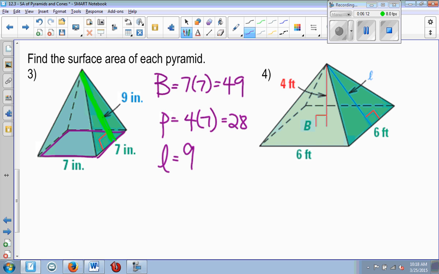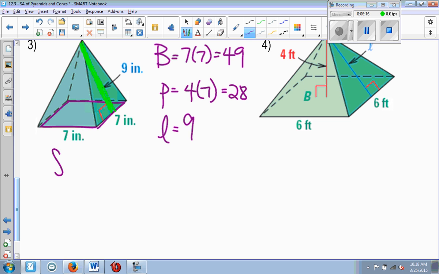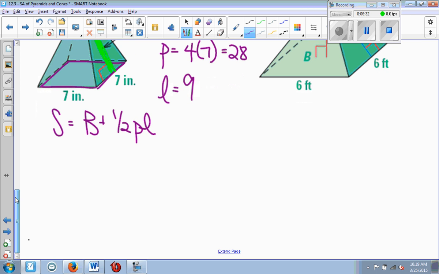It's the slanted piece on the outside, which is 9. And so I've identified all of the parts of the formula, so I just have to plug the numbers in the formula. B plus 1/2 PL. I can tell you right now, one of the biggest mistakes with surface area of a pyramid or cone is students will forget the 1/2 in front of the PL. So make sure that you write down the formula correctly every time you do a problem.